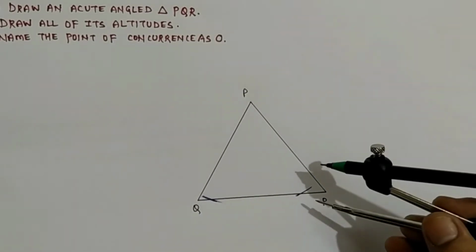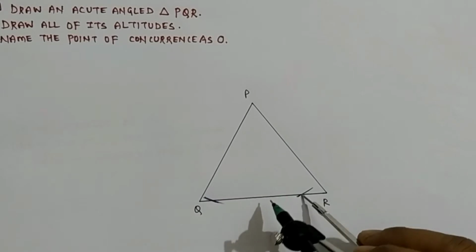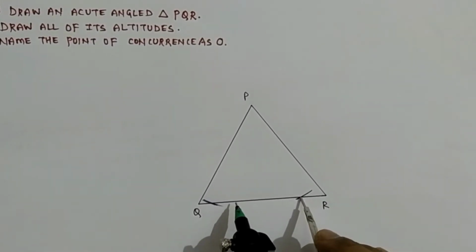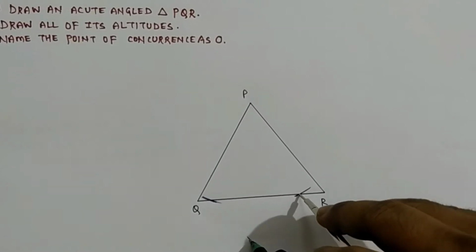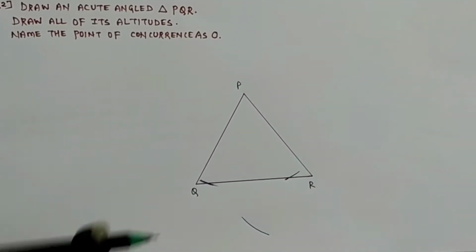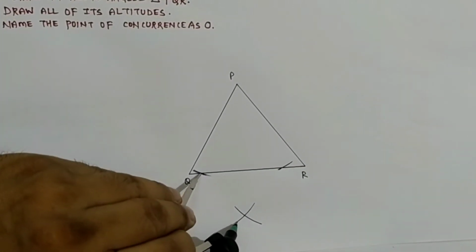Now keep the rounder on the arcs which you have cut, on the first arc on the base. Extend this distance, take more than half distance now, and cut the arc below the base, from this right side arc and from the left side arc. You can see that.